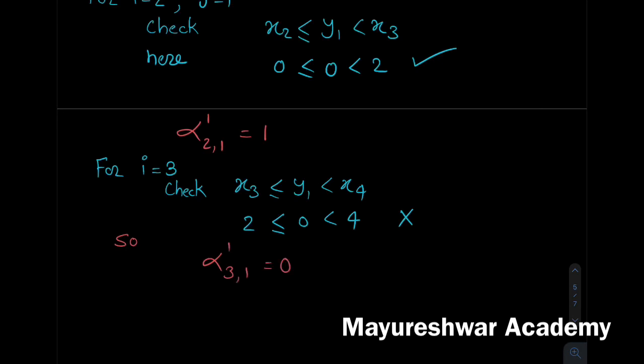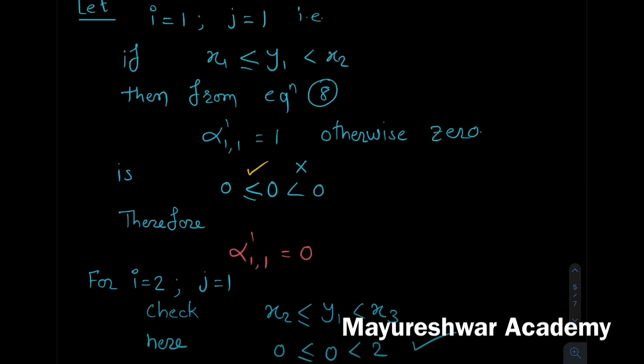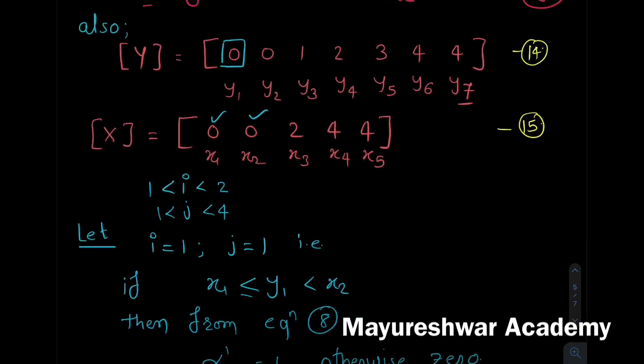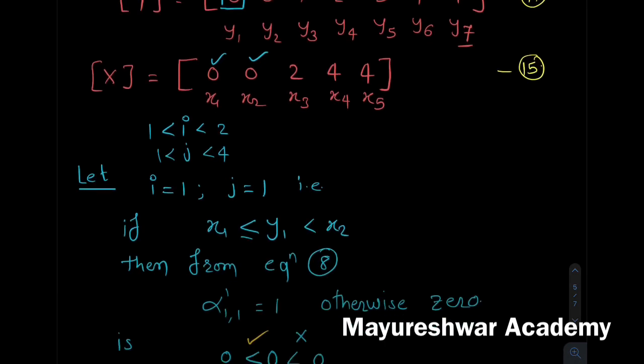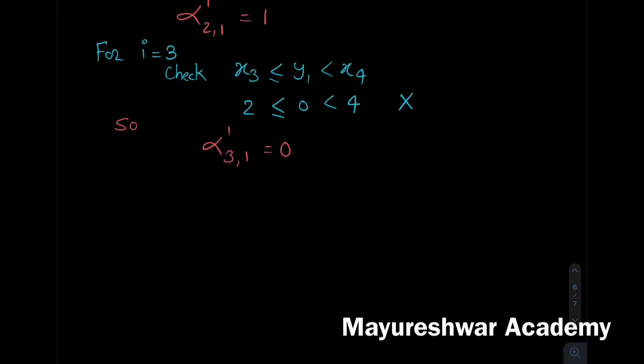This is the way we can obtain the values of alphas, especially of first order. For second order, we need to use the recursion formula again. We always need to check where y1 lies relative to x1, x2, x3. So alpha 3,1, 4,1, 5,1, all values are 0.